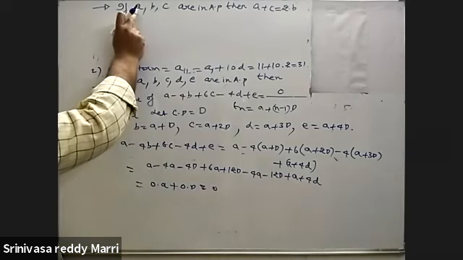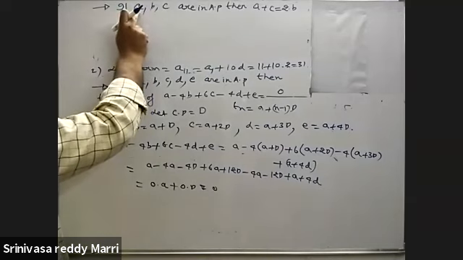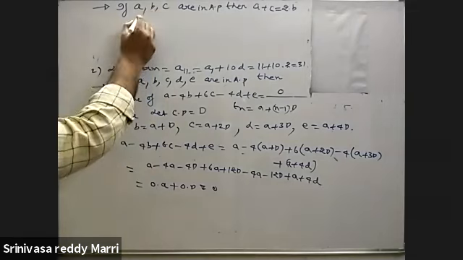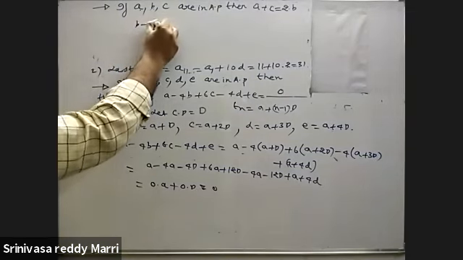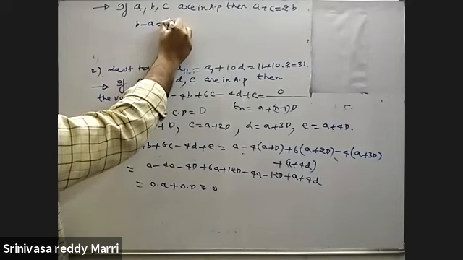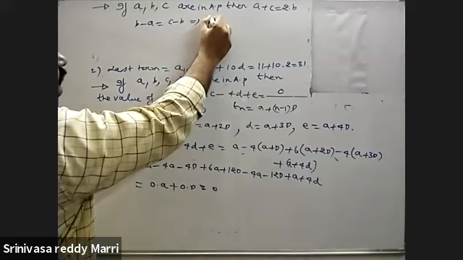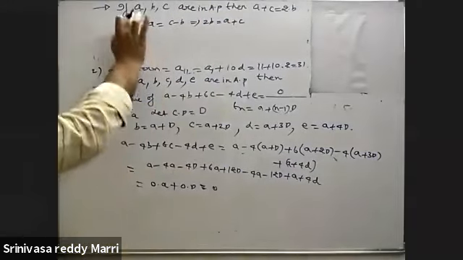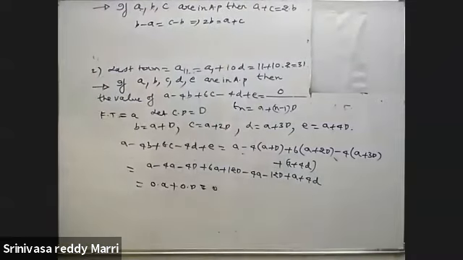Whenever three numbers are in AP, first term plus third term equal to 2 into middle term. Just by definition, common difference: second term minus first term equal to third term minus second term. That means you will get 2B equal to A plus C. Whenever three terms are given in AP, write A plus C equal to 2B.